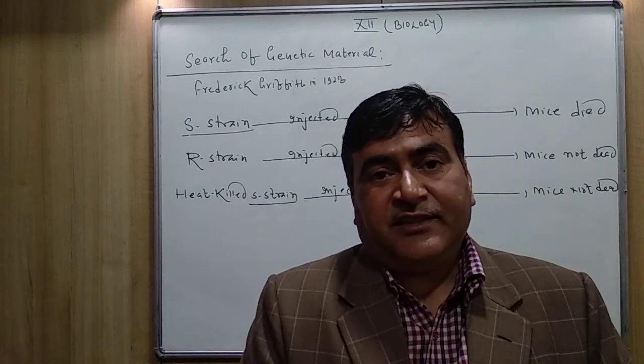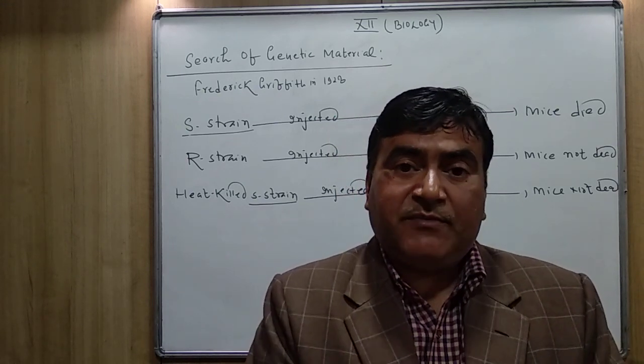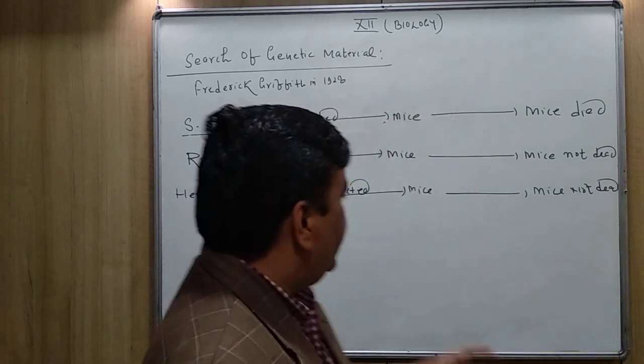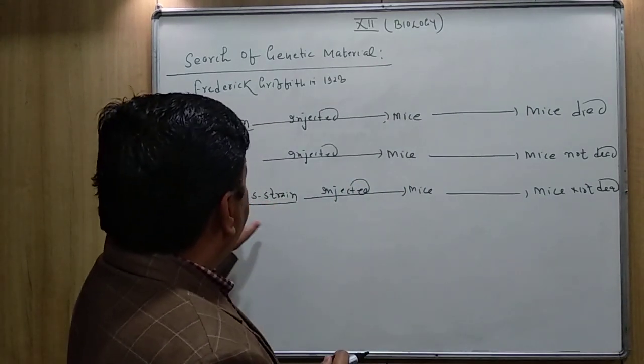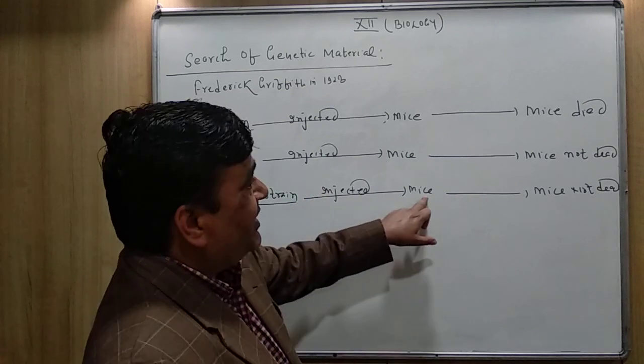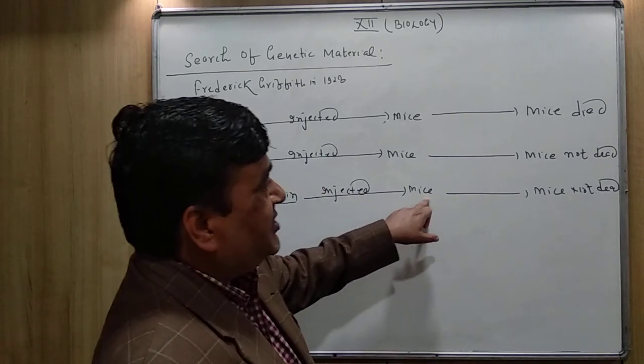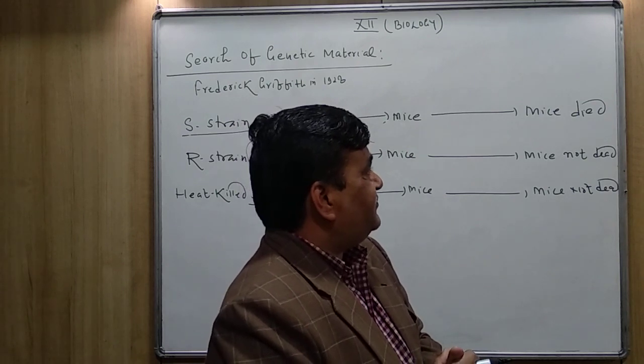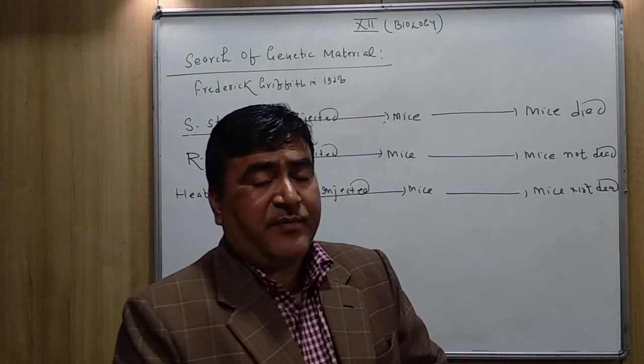Their configuration, their components are going to be separated. And that's why when he injected heat-killed S strain into the mice, they were not dead, meaning they remained alive.